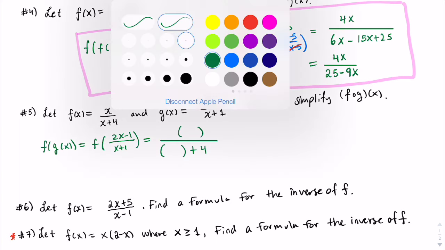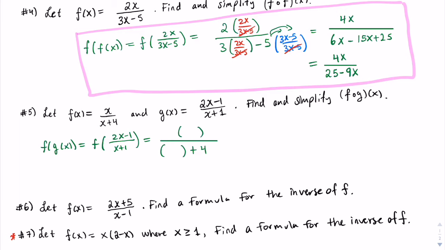But we are substituting 2x minus 1 over x plus 1 into x, right? So it will be 2x minus 1 over x plus 4. No, x plus 1. And then the same thing here, 2x minus 1 over x plus 1.